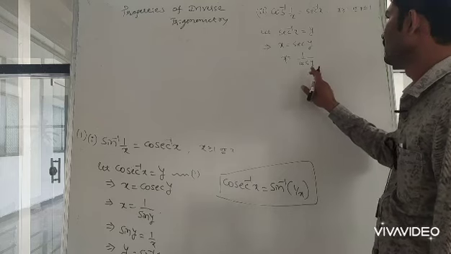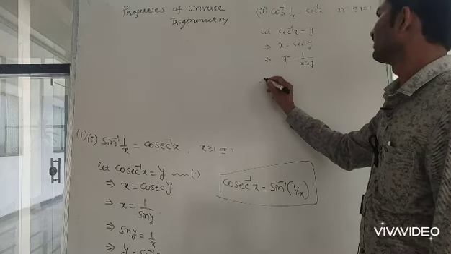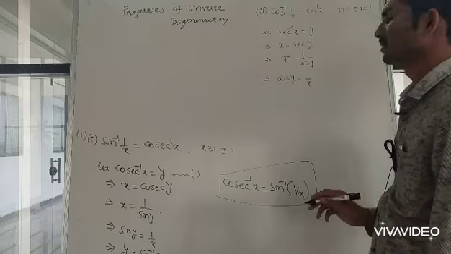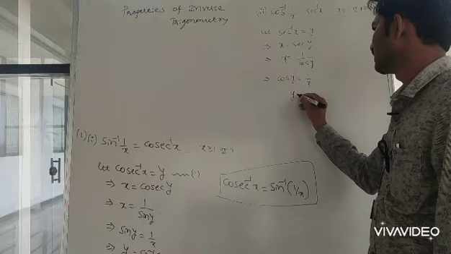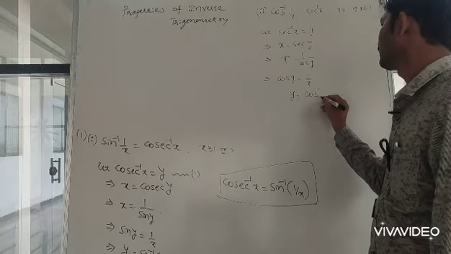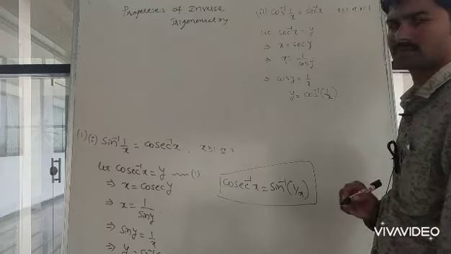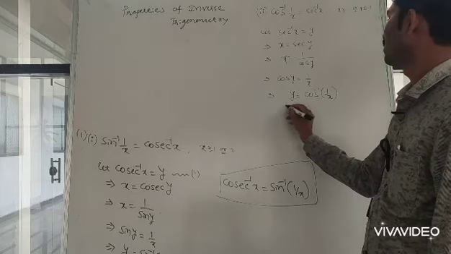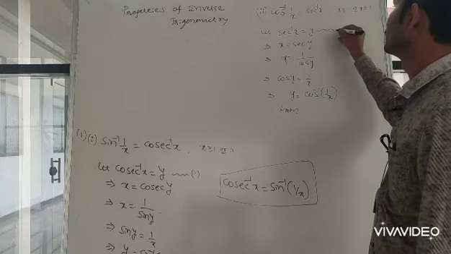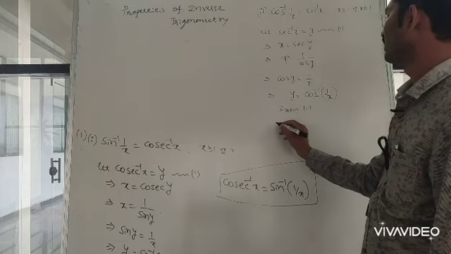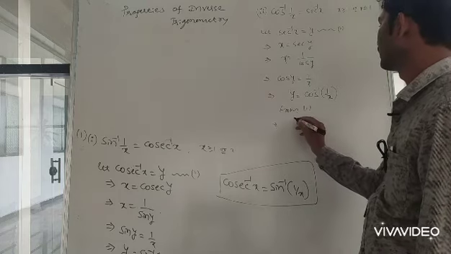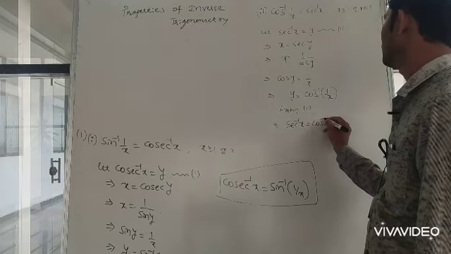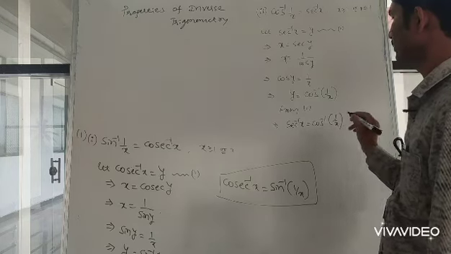Then take cos y to the left hand side, cos y is equal to 1 by x. Then y is equal to cos inverse of 1 by x. What is y? Y is nothing but from 1. Consider this 1. From 1, we can write in place of y, sec inverse of x is equal to cos inverse of 1 by x.